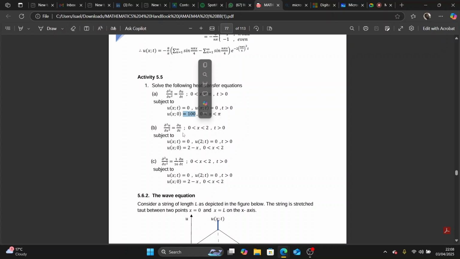You'll have 100 multiplied by sine, a normal integration. That one is easy. But if you have 2 minus x multiplied by sine, it means you'll be having integration by parts. So you can see your solution by looking at the problem.